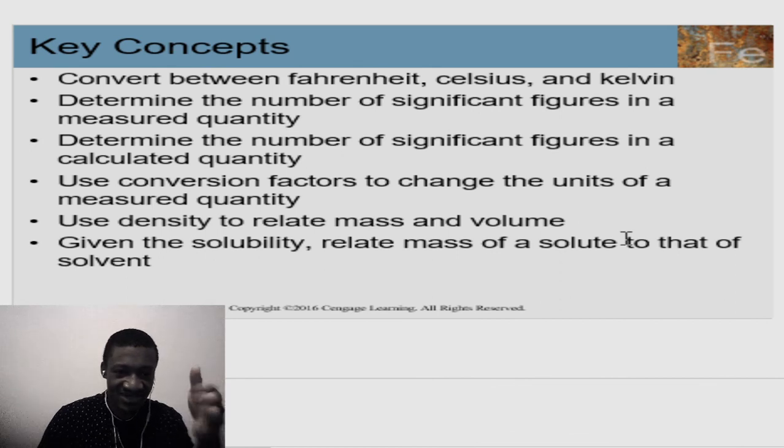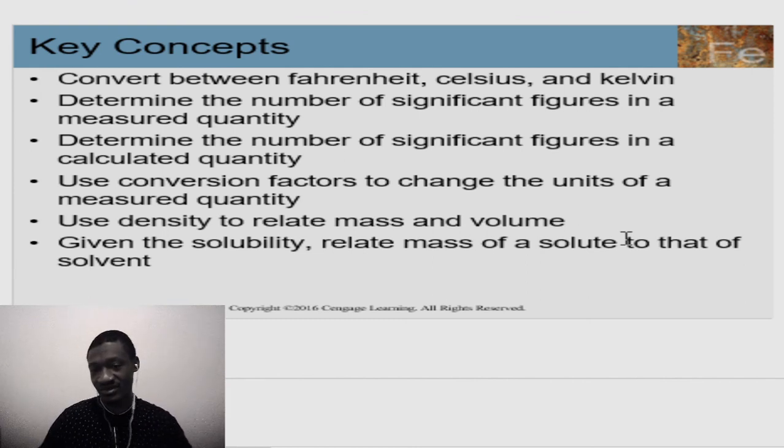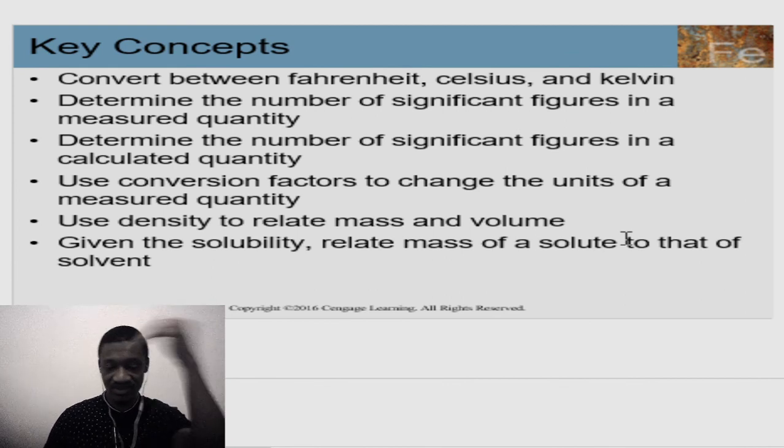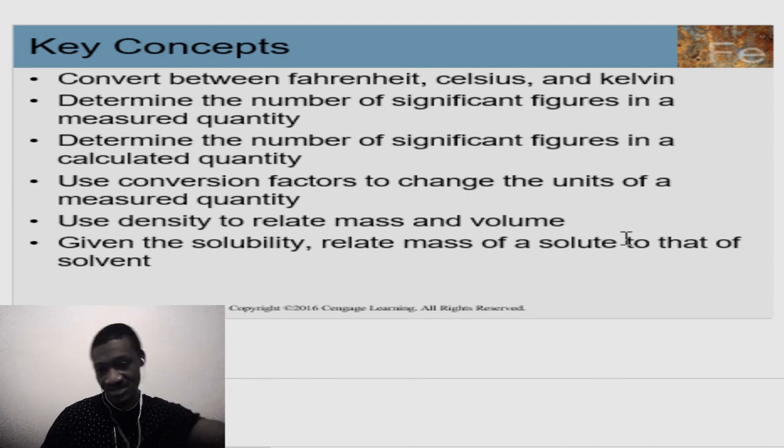And then you can determine the number of significant figures, and the number of significant figures in calculated quantities. When you have 4 significant figures and 2 significant figures, you always go down with the 2. And then with the conversion factors, you should be able to convert things effectively: Celsius to Kelvin, Kelvin to Celsius, backwards, meter, centimeter, inches to meter.